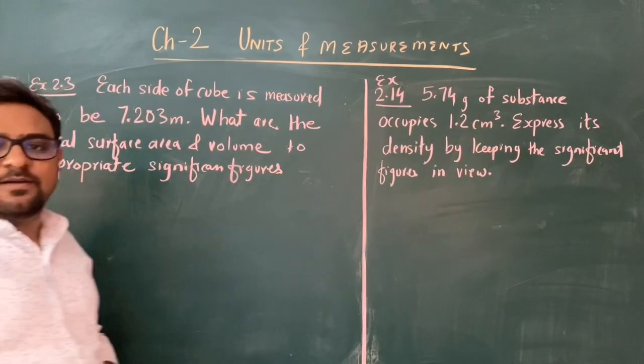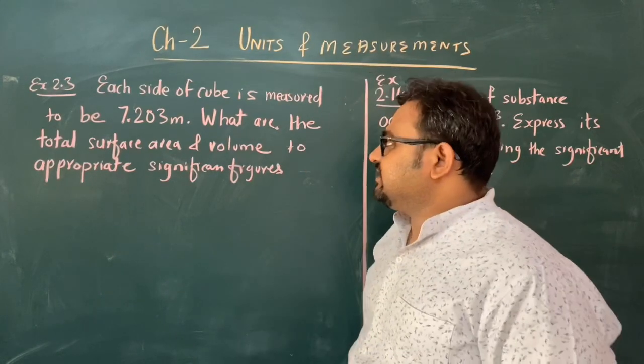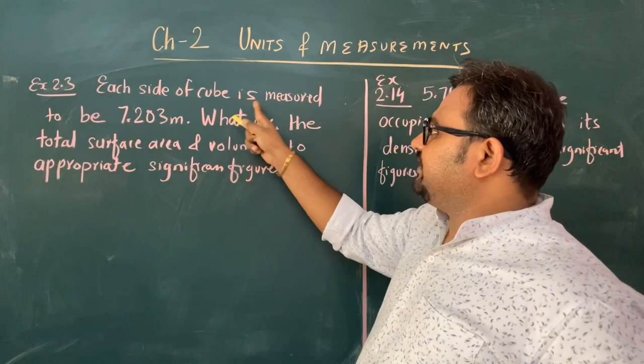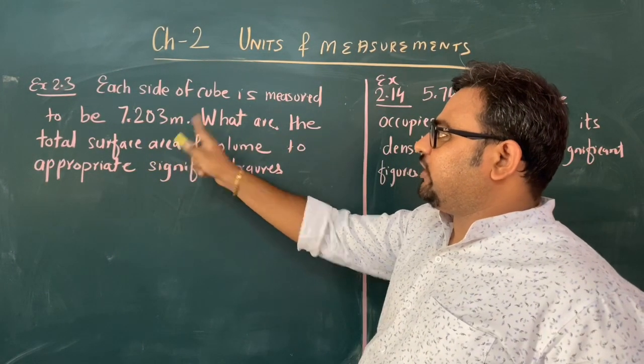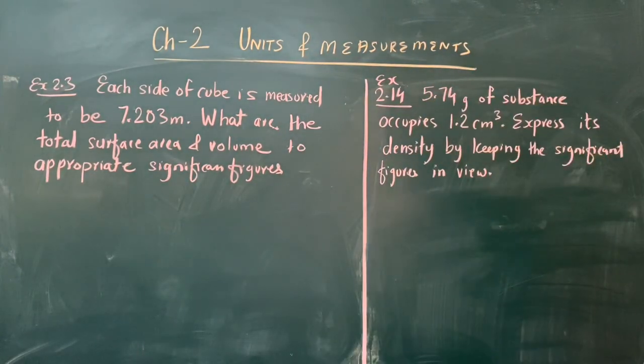Next, example number 2.3. See, each side of a cube is measured to be 7.203. Okay, what are the total surface area and volume to the appropriate significant figures? Now see, you have to solve this sum according to the significant figures.